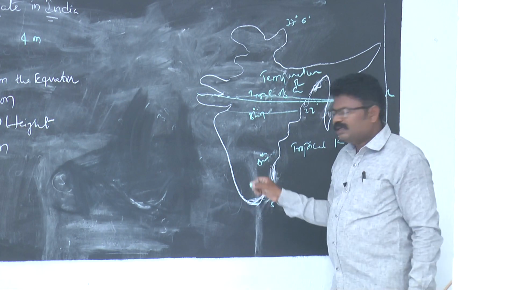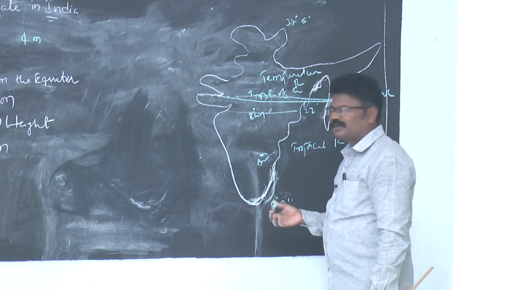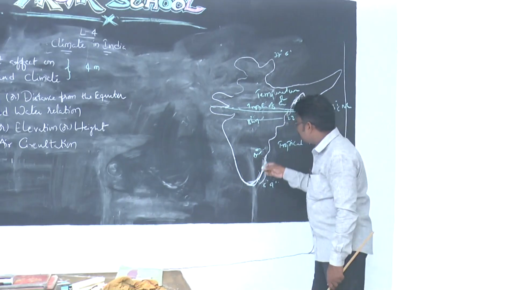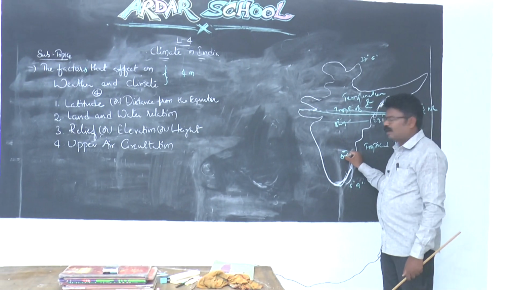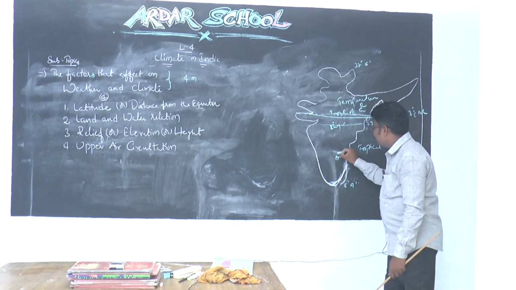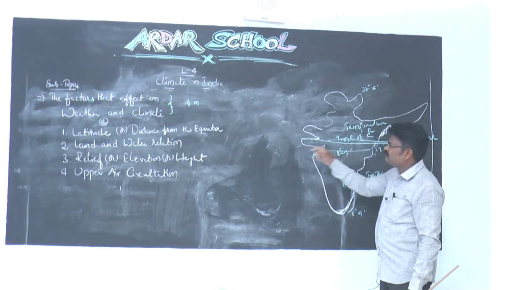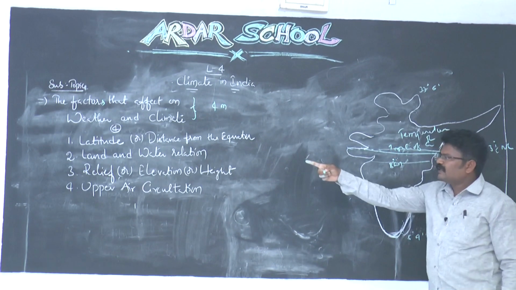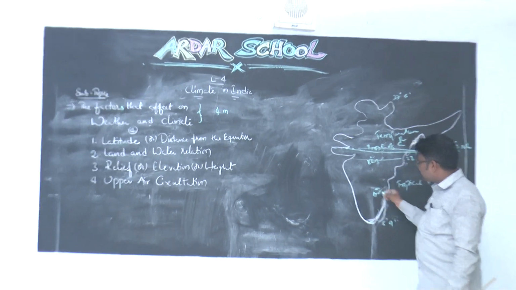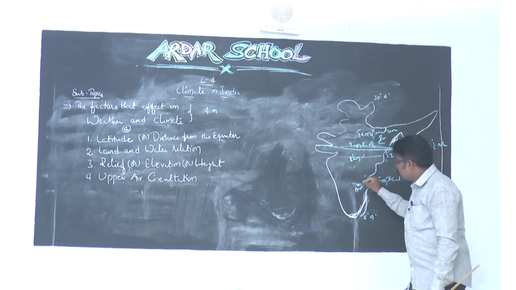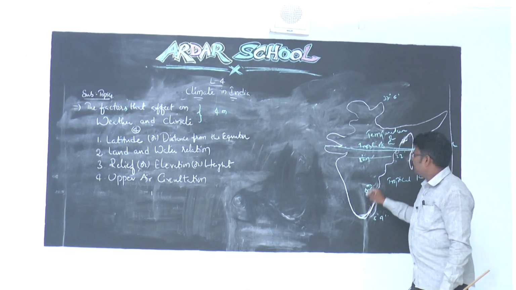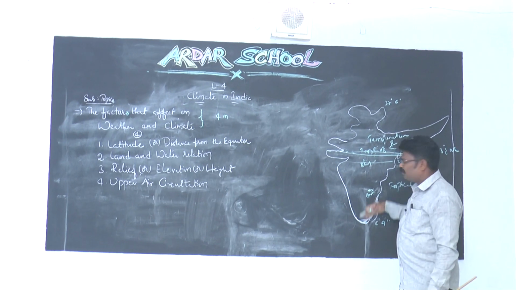Which place is hotter? Can you guess, children? Yes, exactly. Amaravati is hotter than Bhopal, as per the first factor, latitude or distance from the equator. Why? Because Amaravati is near to the equator, whereas Bhopal is far away from the equator.